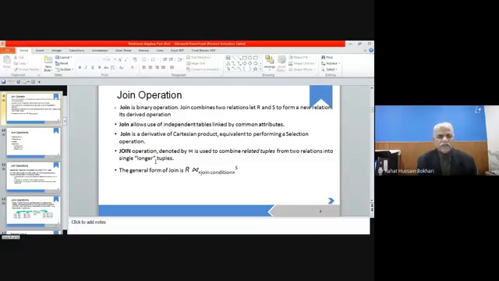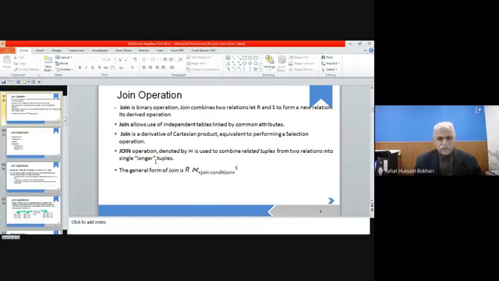Why do we do the selection operation? When we carry out Cartesian product, surplus rows are generated. So we have to discard those, and filter the rows with the help of the select operator. Join operation is denoted by this bow tie.